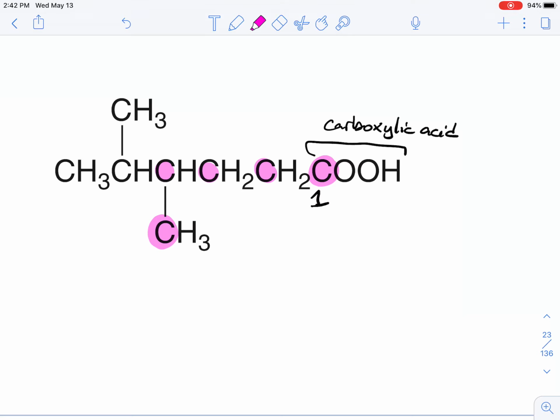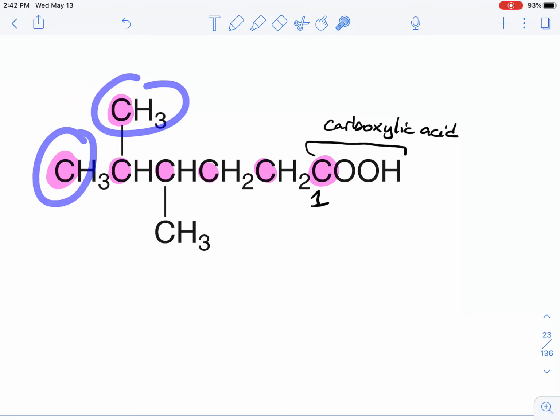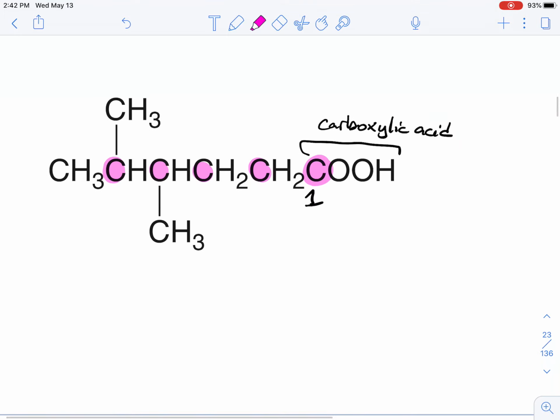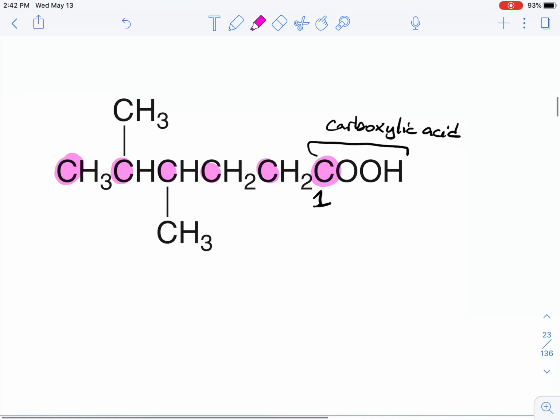But there's all these other carbons to the left of that branching point. So I'm going to go back one step. So this is 1, 2, 3, 4, 5, 6, or 5, 6. And so it doesn't really matter because both of those CH3s are equivalent. And so just to make life simple, I'm just going to go from left to right, or right to left.